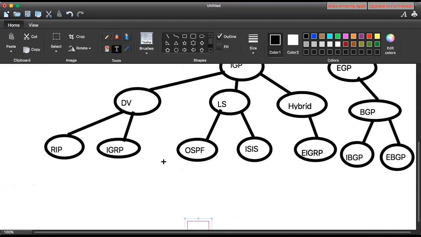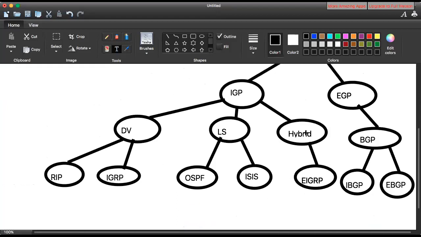As you see here, EIGRP comes under hybrid. That means EIGRP is a protocol that has the characteristics of both distance vector as well as link state. Guys, this is again an interview question.